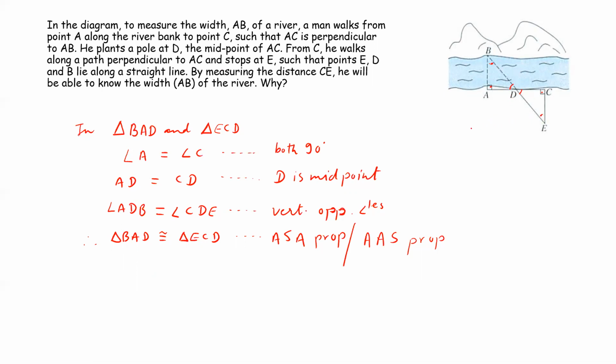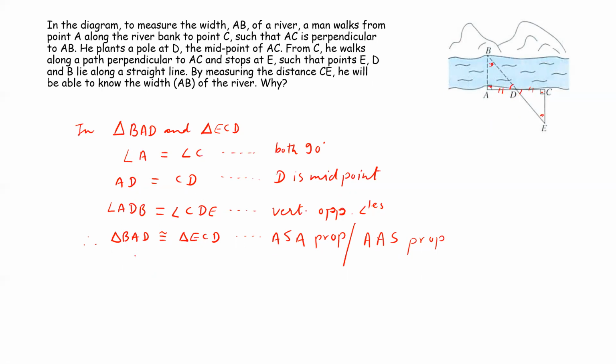They will have the same measurement. So whenever you come across an angle side angle property, that's nothing but equivalent to the angle side property. So we have this angle, this angle, and this side equal to each other.